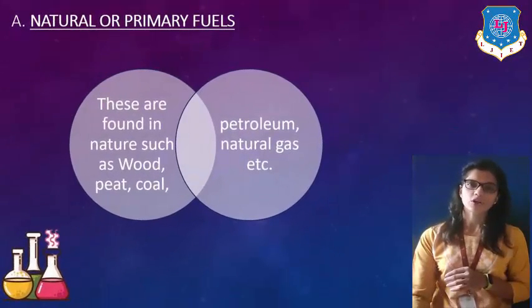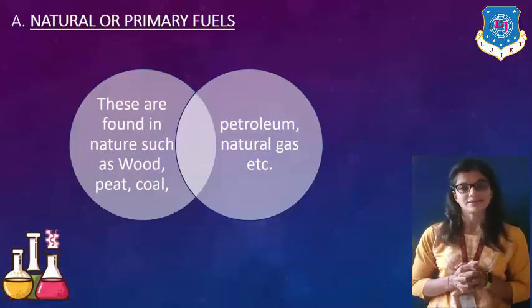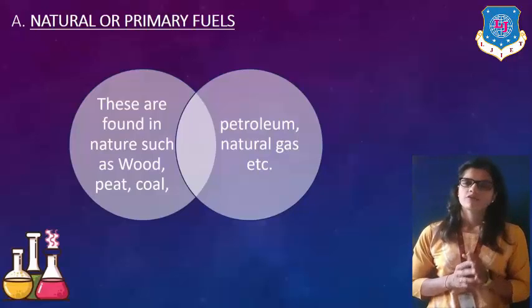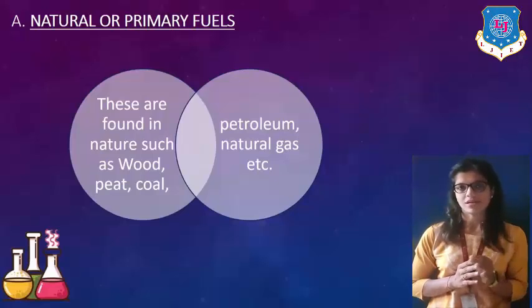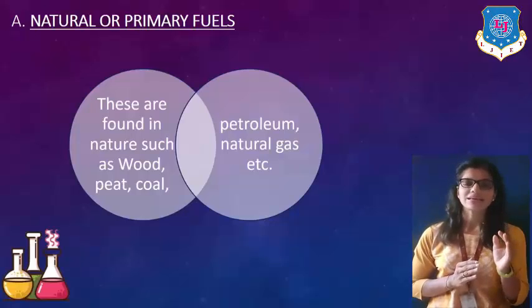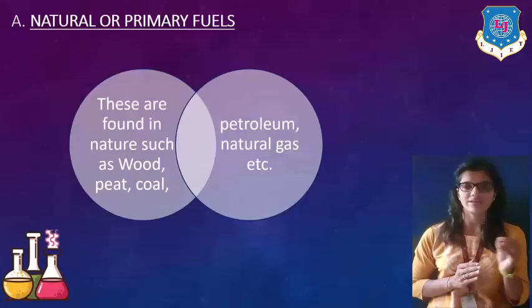Now, let's take a look at them in detail. First is the natural one. As the name itself suggests, natural fuel means the fuel which occurs in nature, or which is available naturally.